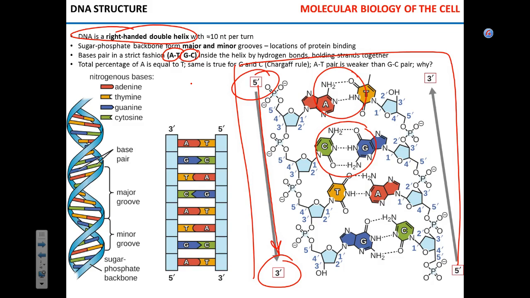Then the strand on the right will have 5' end on the bottom and 3' end on top. Okay, so they are anti-parallel. If we want to characterize the structure of the DNA molecule, we can say it's the anti-parallel double helix, in which individual strands are held together by hydrogen bonds. Are we clear?